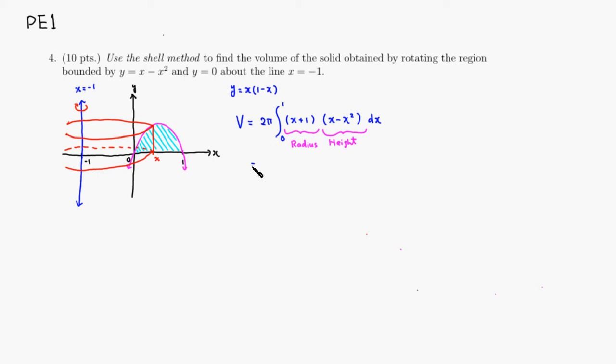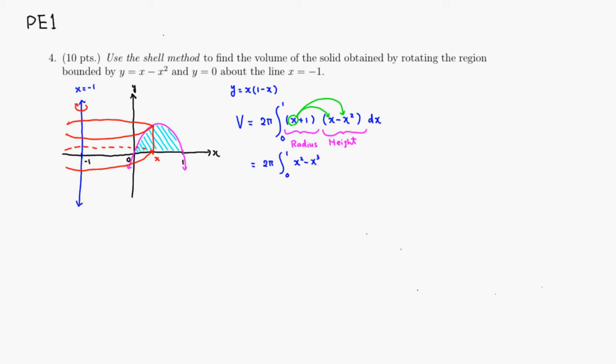So let's evaluate it. This is going to be 2 pi times the integral from 0 to 1. I'm going to just multiply out. So distribute x times x, and also x times -x squared. We get x squared minus x cubed.